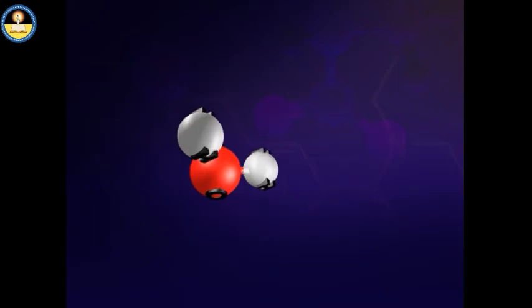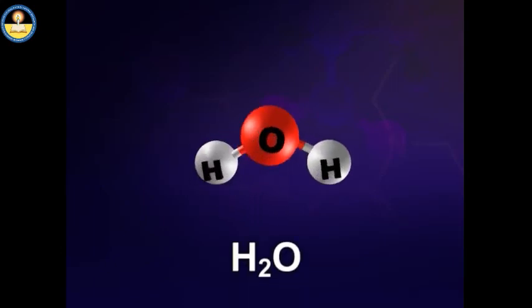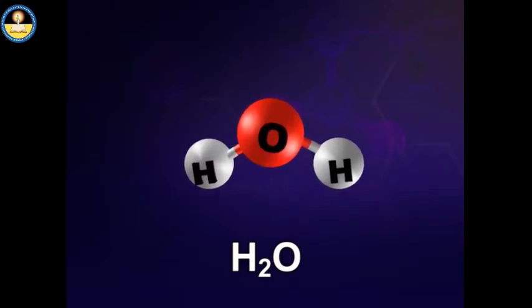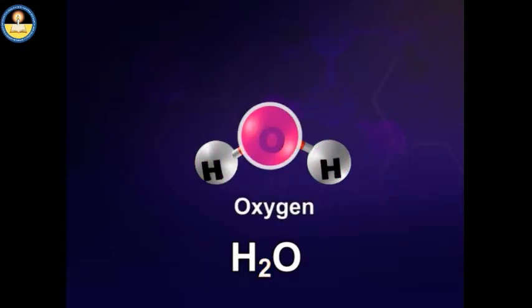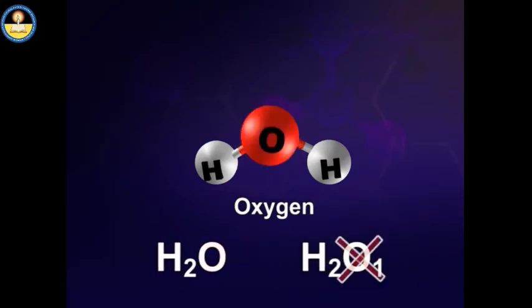Formula of water is written as H2O. It depicts that water molecule is composed of 2 atoms of hydrogen and 1 atom of oxygen. 2 atoms of hydrogen are indicated as subscript 2 on the right-hand side bottom of symbol of hydrogen, and symbol of oxygen is written along with the symbol of hydrogen as O, not as O1.